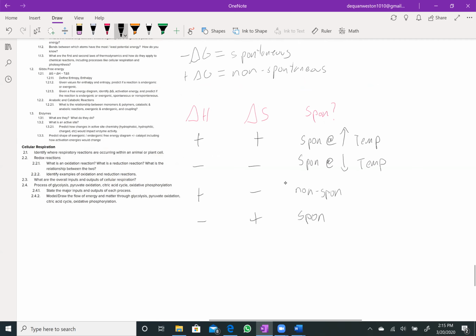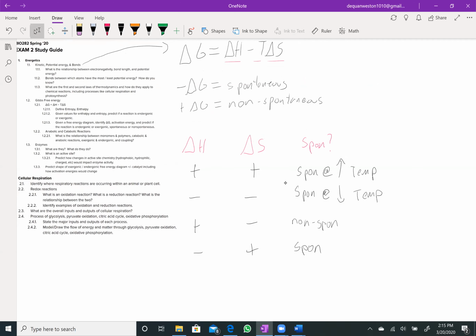So this is a really good table to memorize. It's easy to just throw down on the front page of your test, and it'll probably help you with some problems. So now we'll go through and define entropy and enthalpy. I'm going to type it up here. Entropy is disorder in a system or universe.